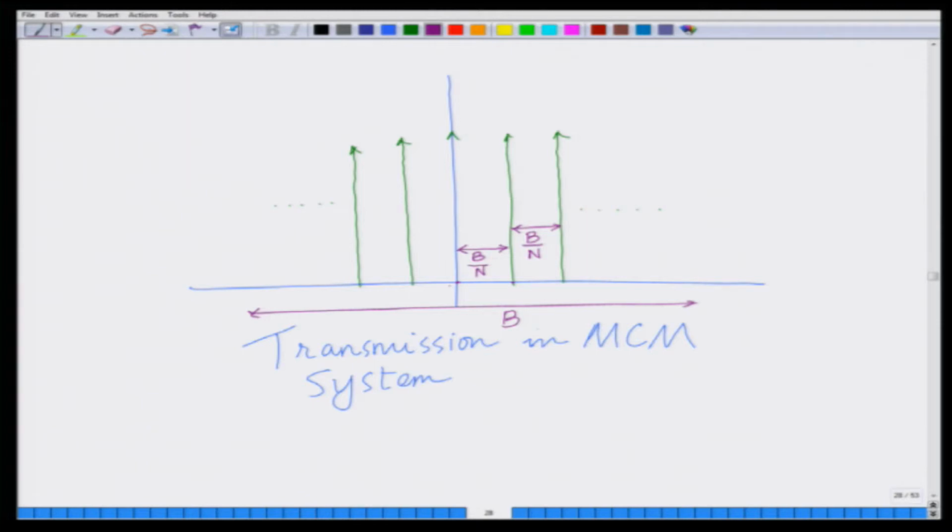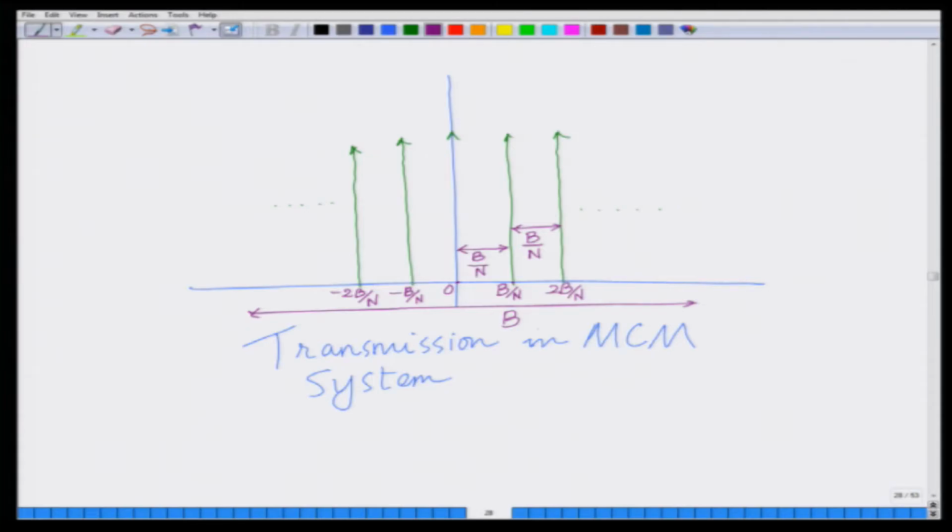So, I have the first sub carrier at 0, second sub carrier at B by N, another sub carrier at 2B by N, another sub carrier at minus B by N, another at minus 2B by N, and so on and so forth.